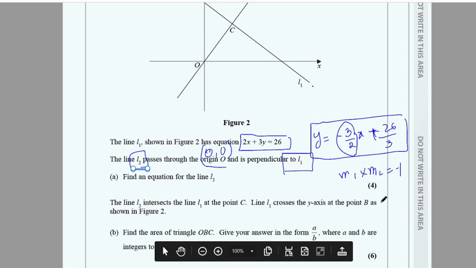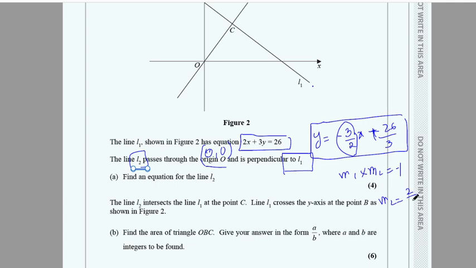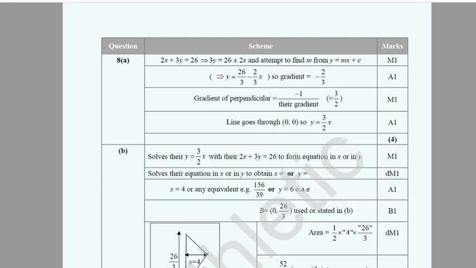So m1 is this. You solve this, you get m2, which is 2 by 3. So you know the gradient, you know the point 0, 0 through which L2 passes. Find the equation of L2. So x1, y1 is 0 and the gradient is 2 by 3. So basically it will be y equals 2 by 3 x.